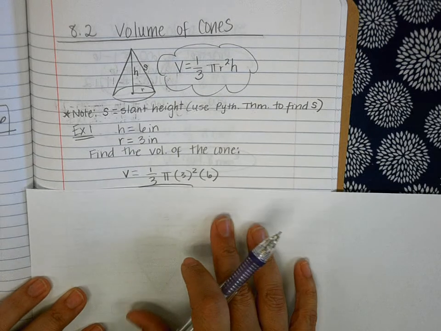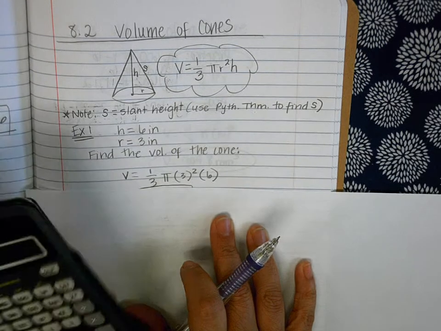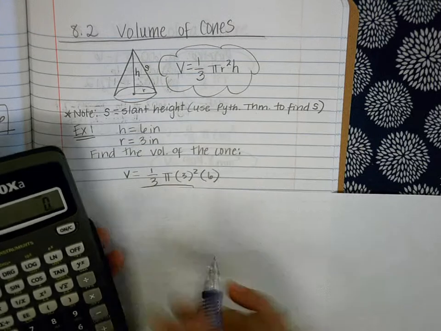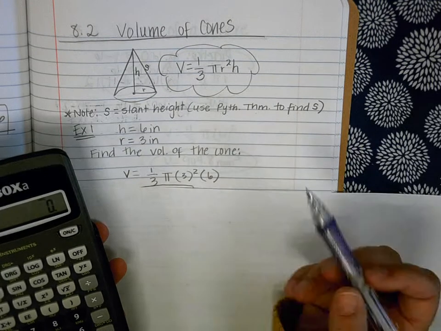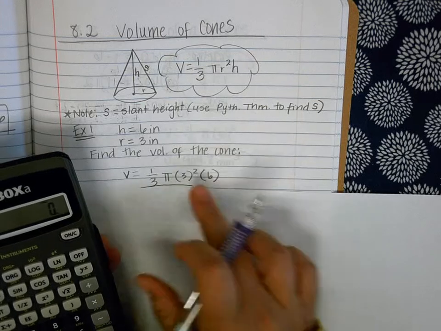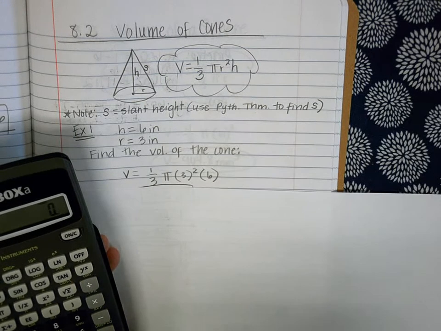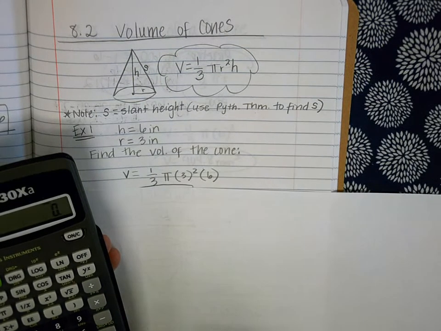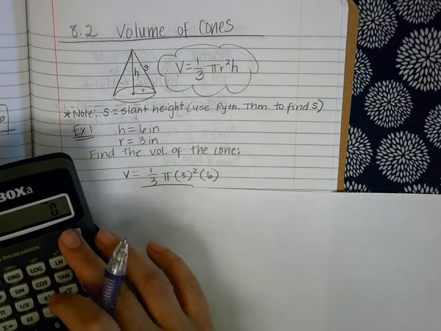Now, the easiest way to plug it into your calculator is to square your radius. So that's 3 squared is 9. 9 times 6 times pi. And then when you get all that, divide it by 3. Don't try to multiply by 1/3. That'll be annoying.